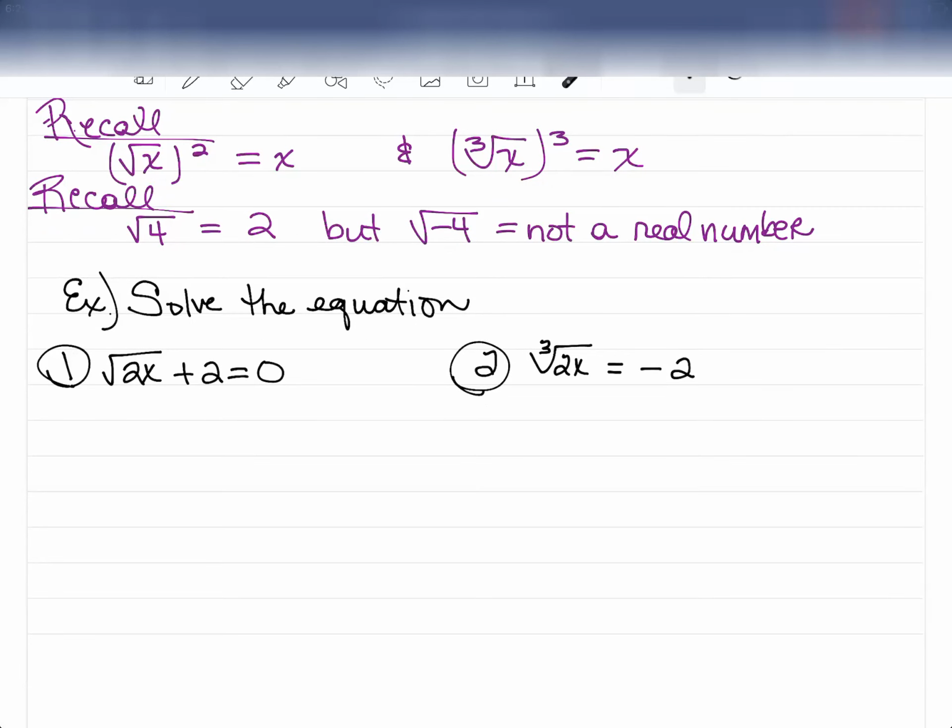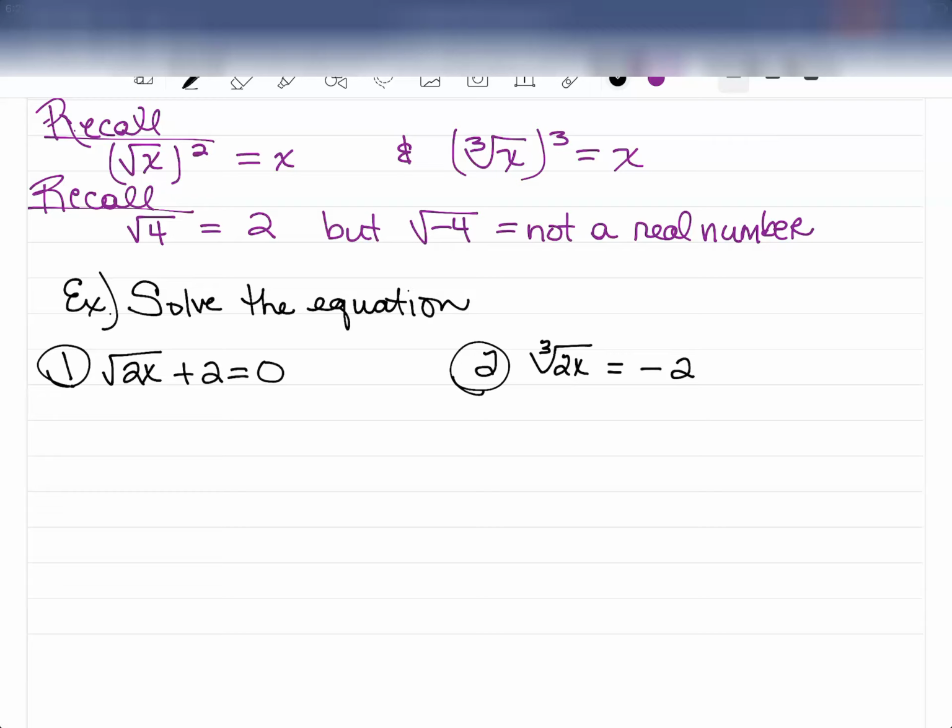So we're going to look at about 4 examples. All of them say solve the equation. The first problem is the square root of 2x plus 2 equals 0. The very first thing I'm going to do is get that square root by itself.